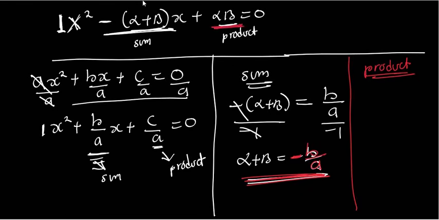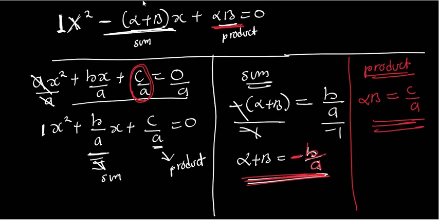What's the product? It is alpha and beta. When alpha and beta are multiplying, that's a product. So what's the product? It is this part here. So it is c over a. That's what we call the product.